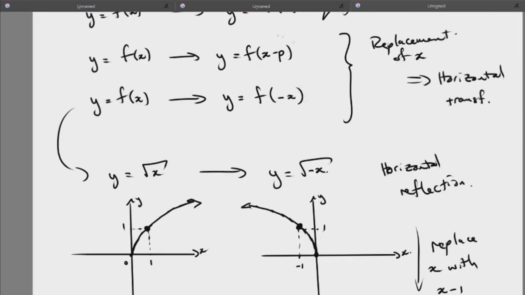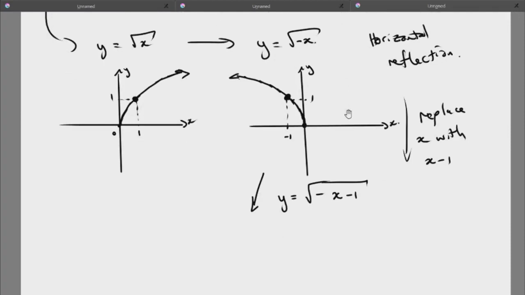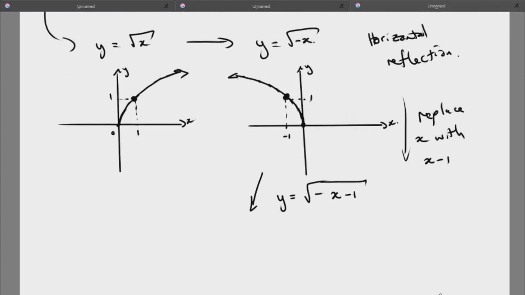This is the function transformation I want. Is that what I get? Did I do it right? Is that the function that I get if, from the top one, I replace x with x minus 1? Let's suppose that's what I want to do. Is that the function that does that?